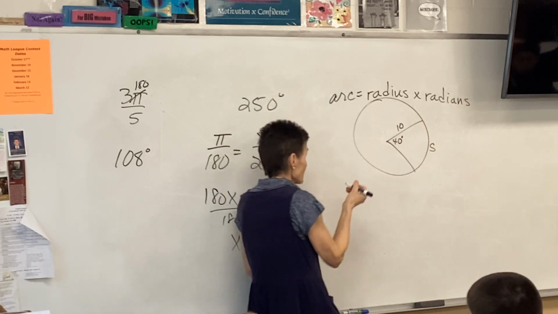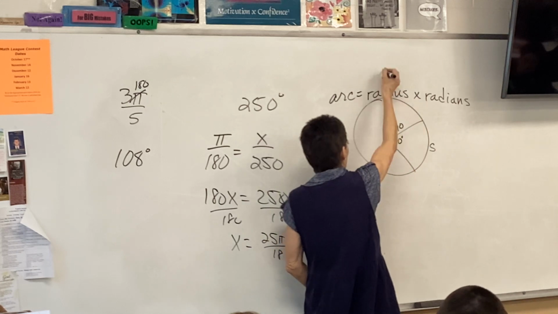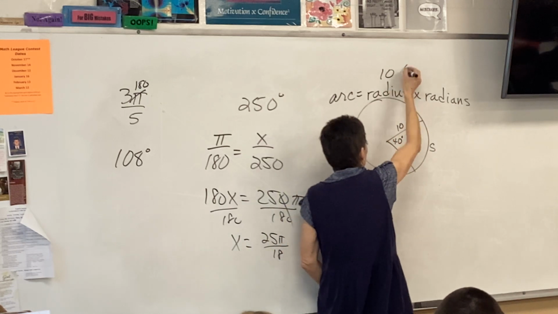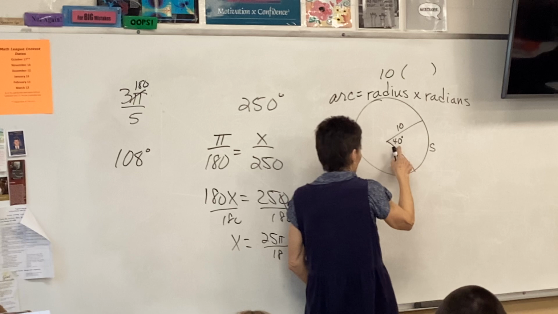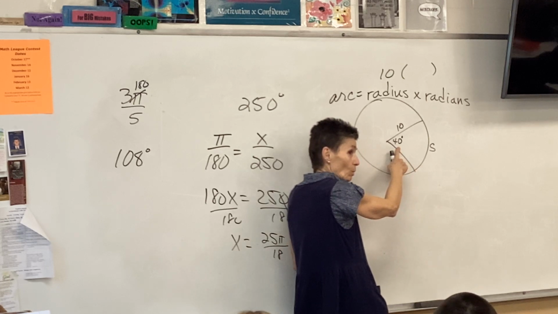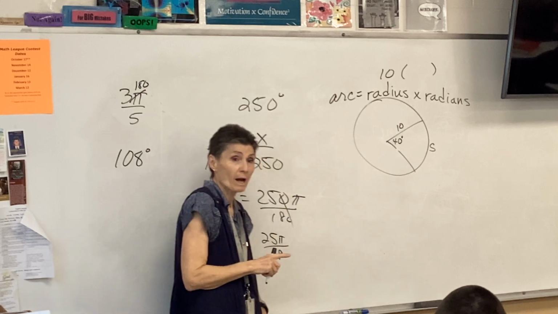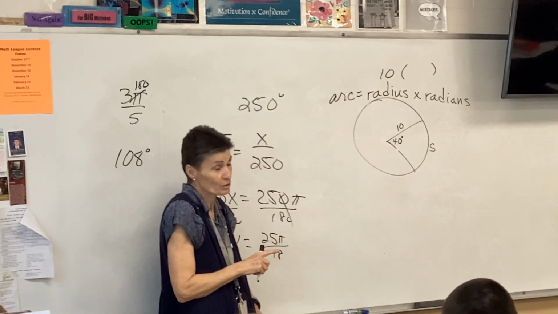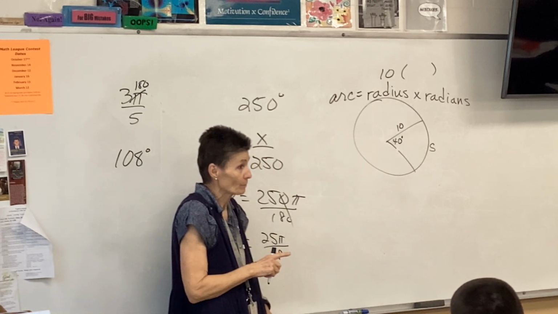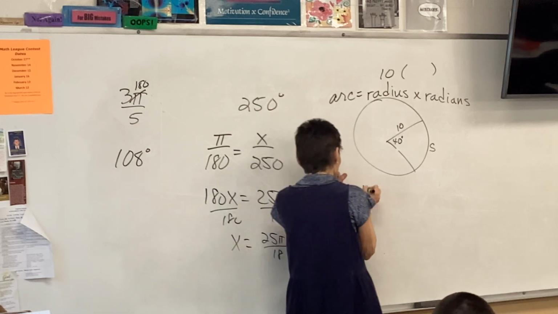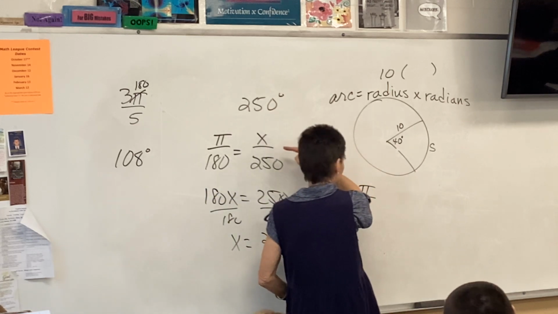Now the radius of the circle is 10, so I have that. That is a 40-degree angle. So before I can use it, I'm going to have to change it into radians. So pi, which is what I just did over here.